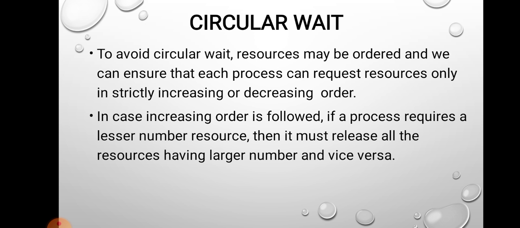To avoid circular wait, the resources may be ordered. We give numbers to the resources, and we can ensure that each process requests the resources only in an increasing or decreasing order.